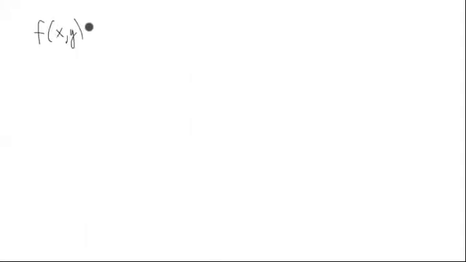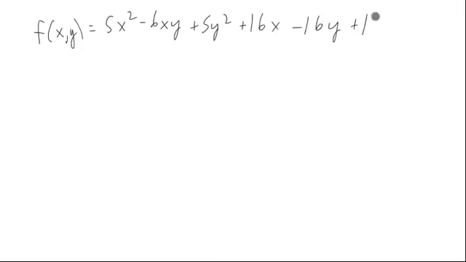We're going to have f(x,y) = 5x² - 6xy + 5y² + 16x - 16y + 16. Okay, so that's our function and that's our surface that we're going to be working with. We want to find a low point or a high point on this. First of all, think about this.